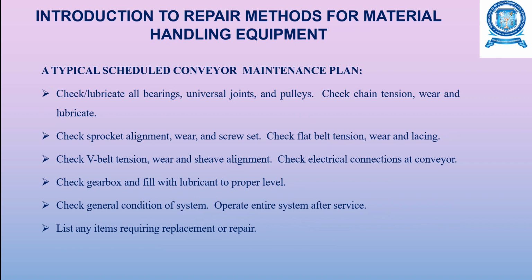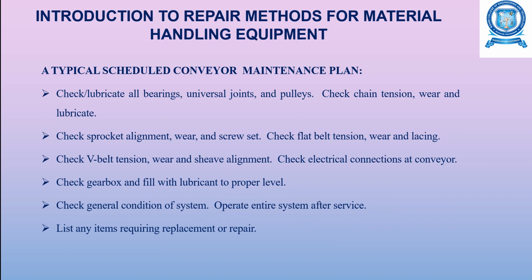And the typical scheduled conveyor maintenance plan. So first is check and lubricate all bearings, universal joints, and pulleys, and check chain tension and wear, and lubricate. And the sprocket alignment should be checked, as well as wear and set screws.